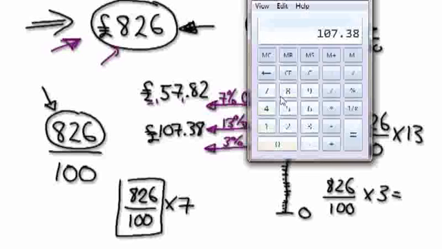So now jump to your calculator. Your whole amount is 826. Split it up into 100 pieces. And what do you want to do with those pieces? You're going to give 3 pieces to your dad. So times 3 equals £24.78.